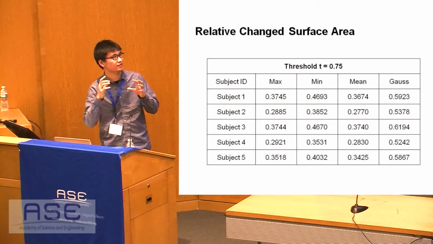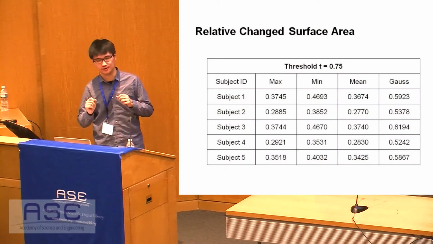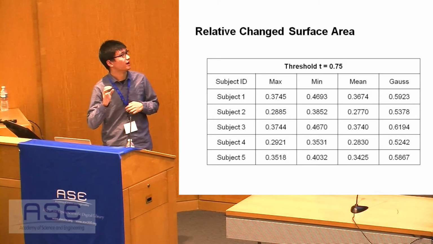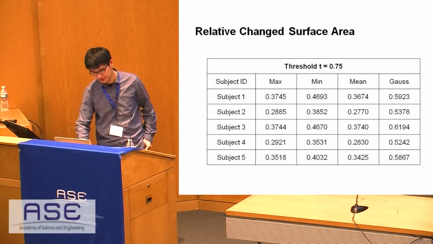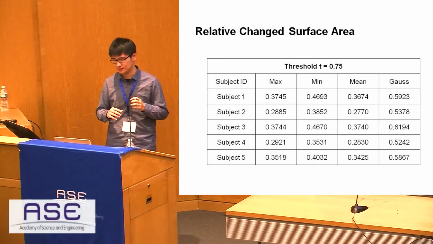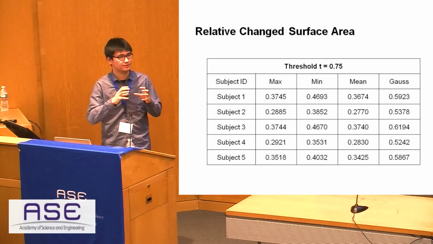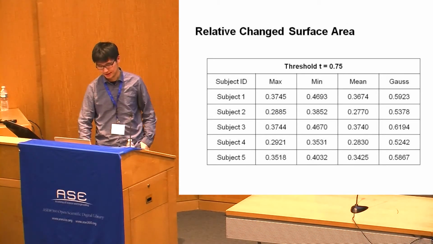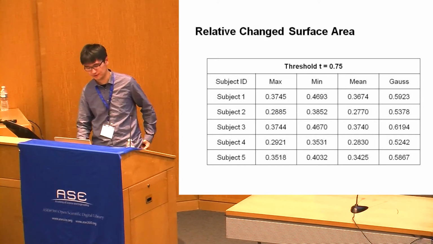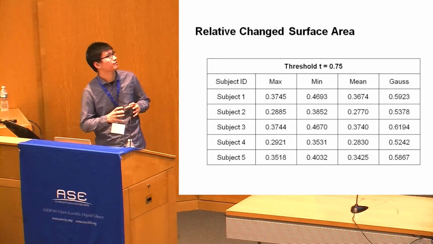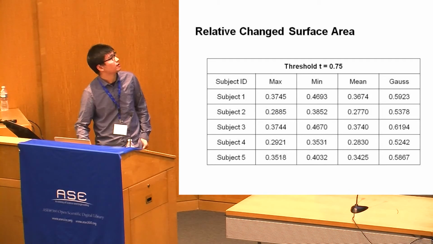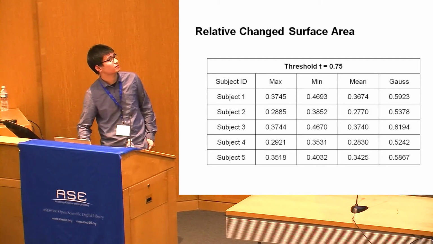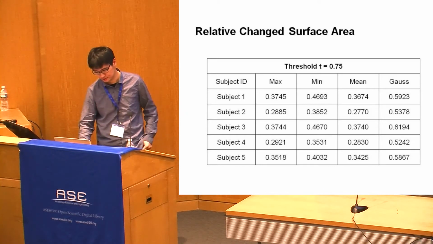Then we add all the area near such points together, and finally we divide this value by the total surface area. In this case, all of the values lie in the range between 0 and 1, which means they can be compared between different patients, and that is very important. Since we have four different kinds of curvature, we apply the comparison to all four in this experiment: maximal principal curvature, minimal principal curvature, mean curvature, and Gaussian curvature.